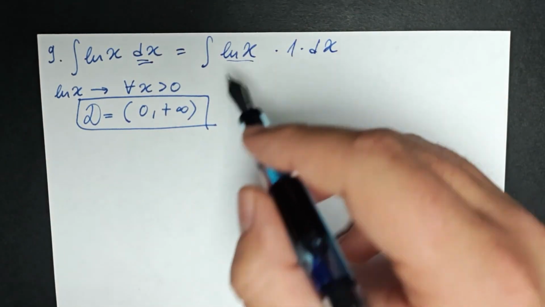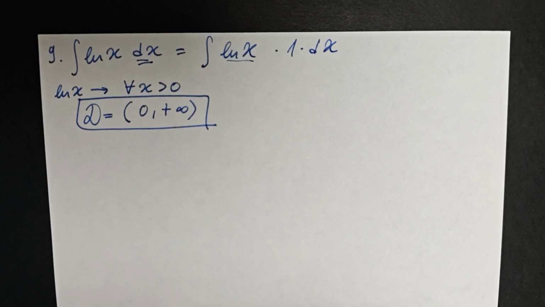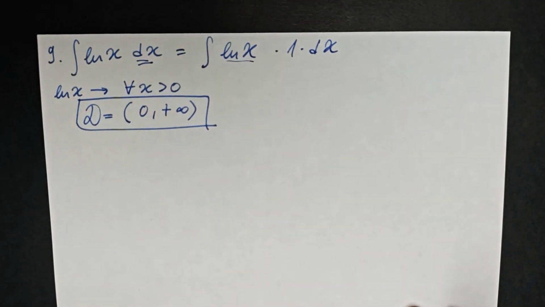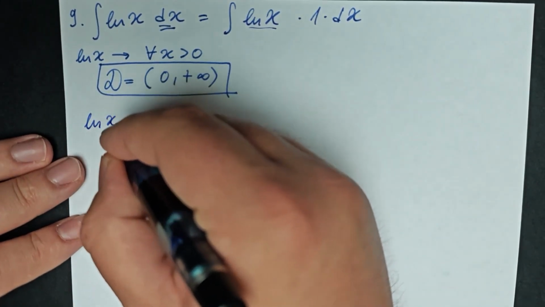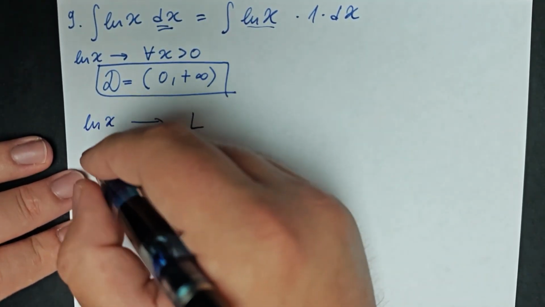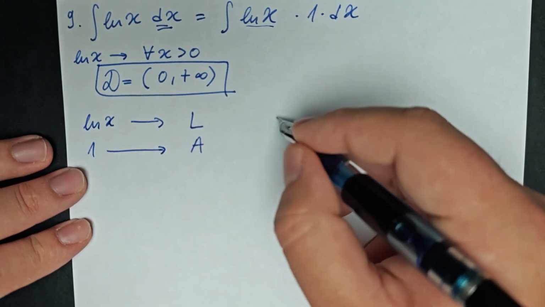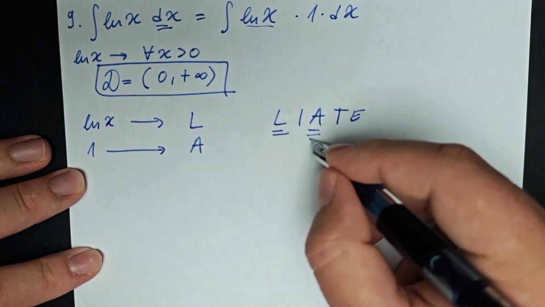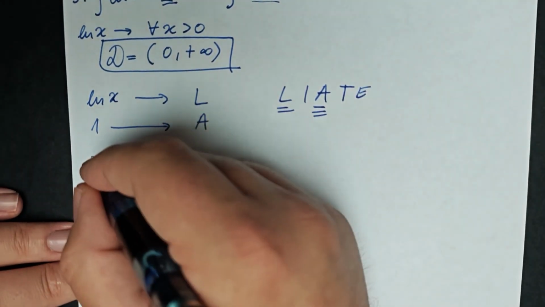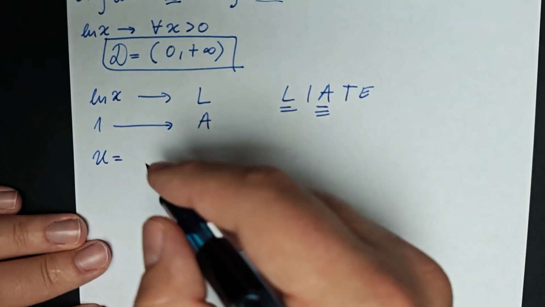And you have ln of x, which is a logarithmic term. So here again we can use LIATE. We have ln of x, which is logarithmic. We have 1, which is algebraic. In LIATE, logarithmic comes before algebraic, so u is going to be the logarithmic part.